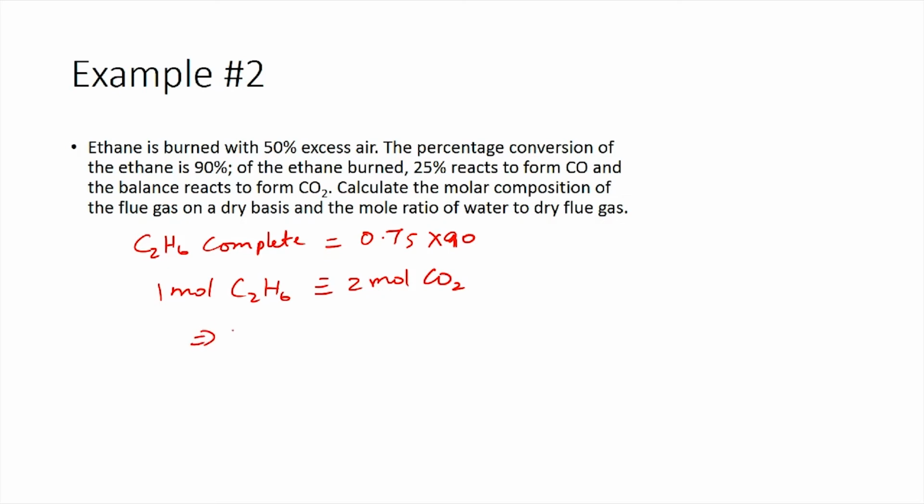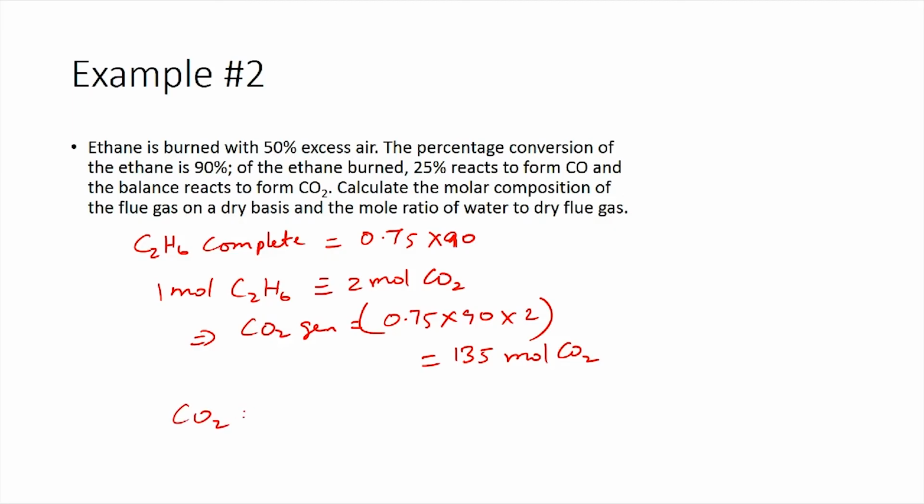So, this means carbon dioxide generated would be equal to 0.75 times 90 times 2, which would be 135 moles of carbon dioxide. When we write the balance equation for carbon dioxide, output would be equal to generation, because you do not have an input or consumption term, and accumulation is 0 for steady state processes. So, your output, which is N5, would be equal to 135 moles of carbon dioxide.